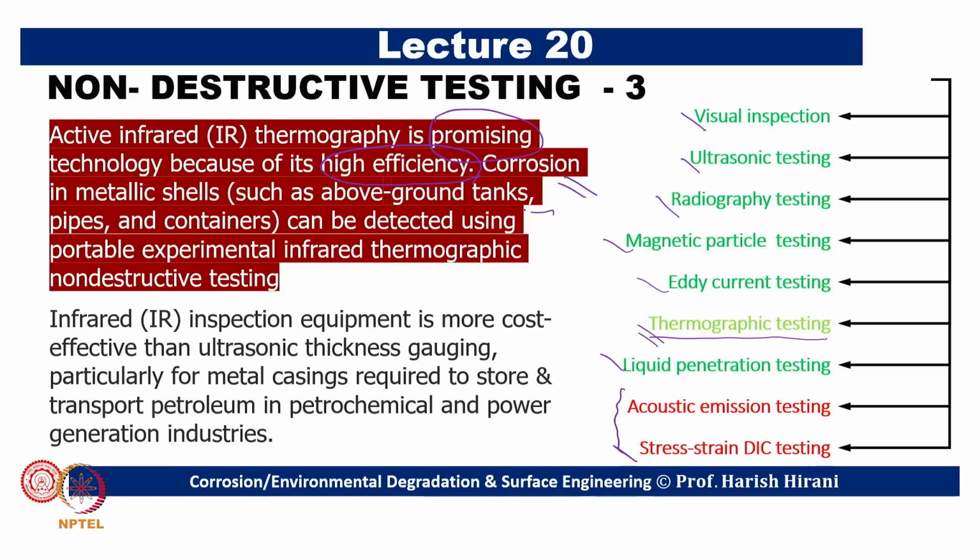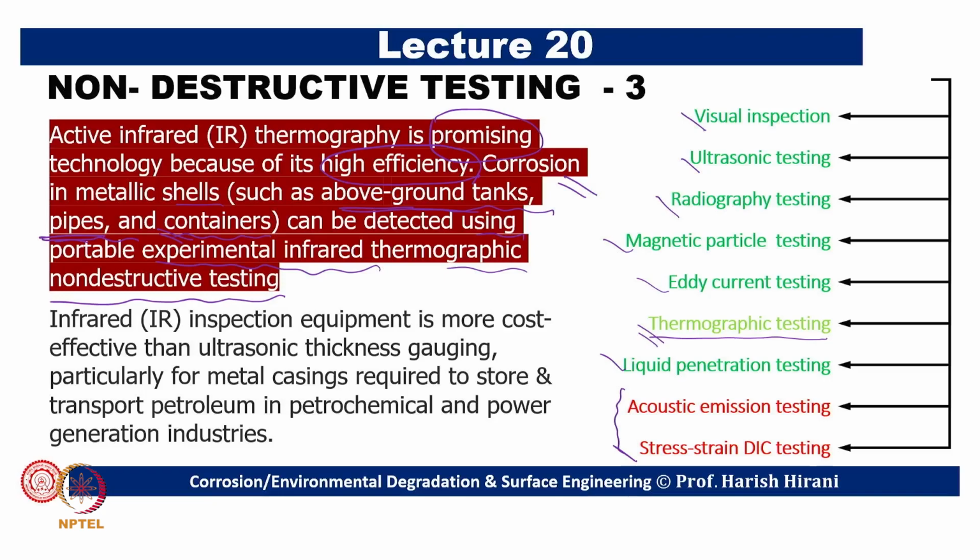These are the metallic shells where corrosion often occurs, and thermographic testing will be very useful to capture images immediately and indicate that there is corrosion in this kind of casing. So, it is mentioned that corrosion in metallic shells such as above ground tanks, which we are not able to reach easily, pipes which are submerged or which we can't open easily, and storage containers can be detected using portable experimental infrared thermographic non-destructive testing. So, this is a major advantage.